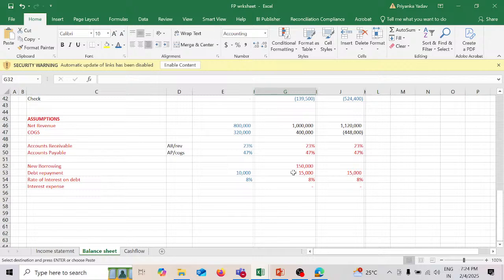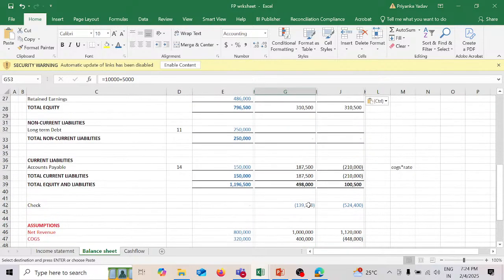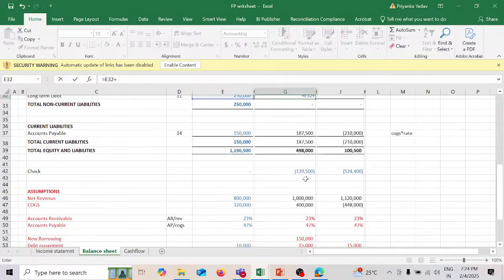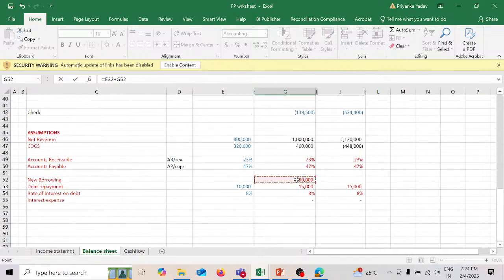So your net borrowing over here becomes your existing borrowing plus any new borrowing which you have done, minus the repayment which you have done this year.